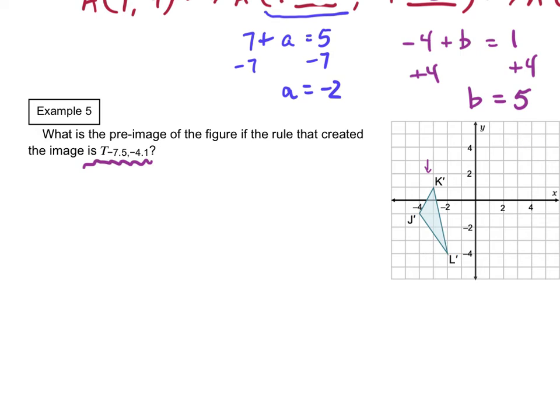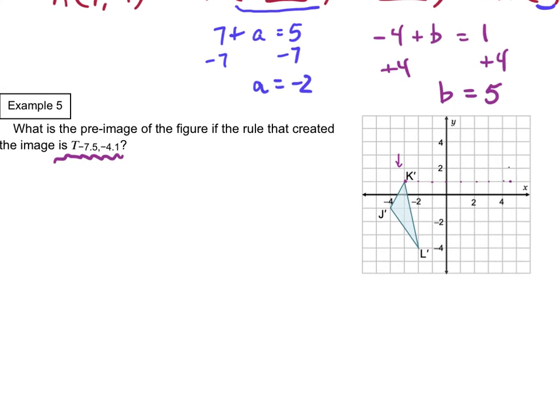Now we could do that with graphing. I could go 1, 2, 3, 4, 5, 6, 7.5, and then go up 4.1, which would be 1, 2, 3, 4, and a little bit more. Okay, that was where my original K was.